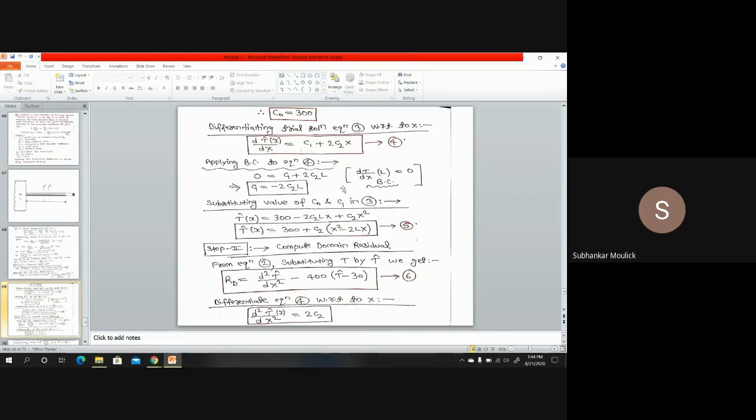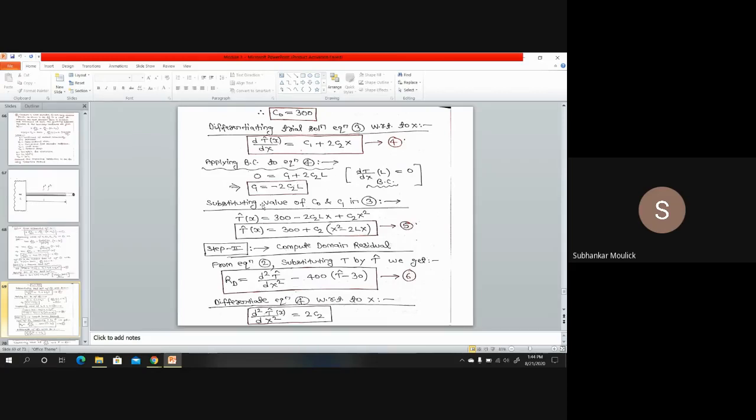Now in this equation, let us substitute the natural boundary condition, which is dT cap over dx will be 0 when x is L. So put this value 0 when x is L. That means 0 is equal to C1 plus 2C2 into L. So I can write C1 is equal to minus 2C2 into L. So by the help of this natural boundary condition, I had two unknown constants, C1 and C2, and I have replaced one unknown constant with the other one.